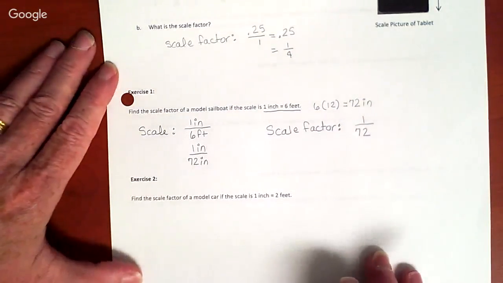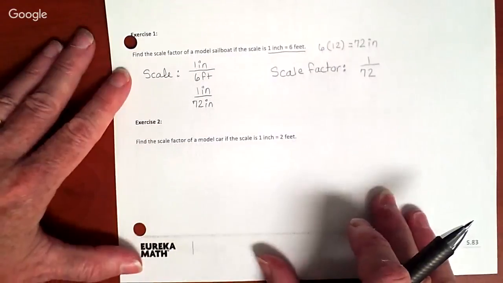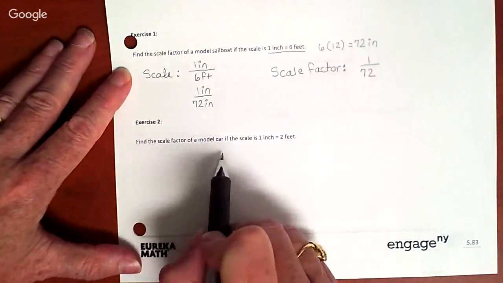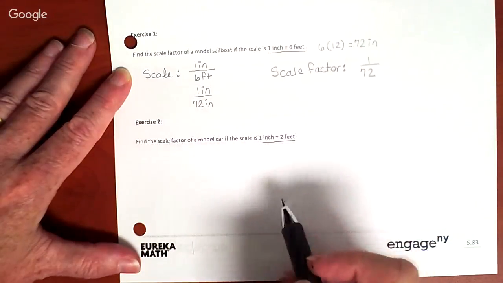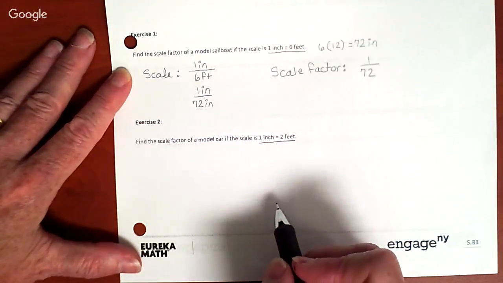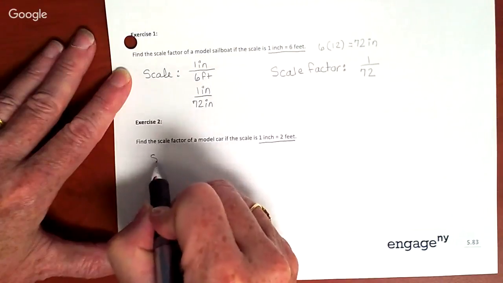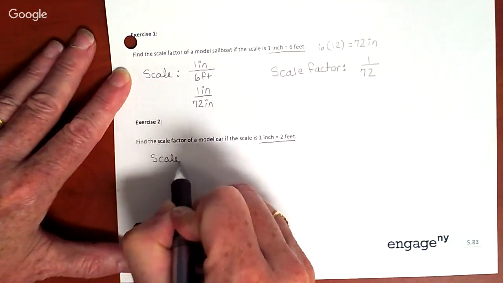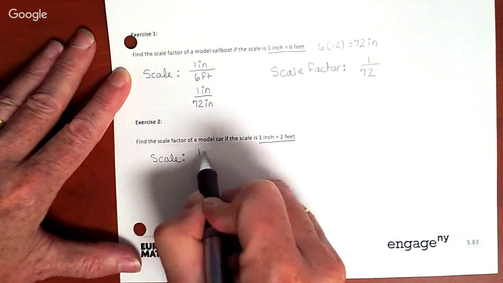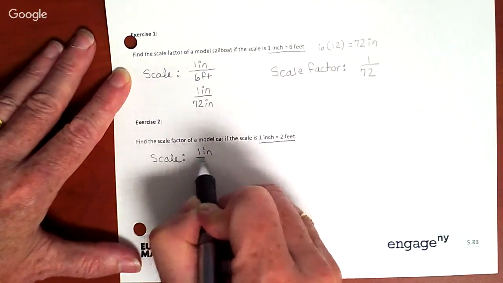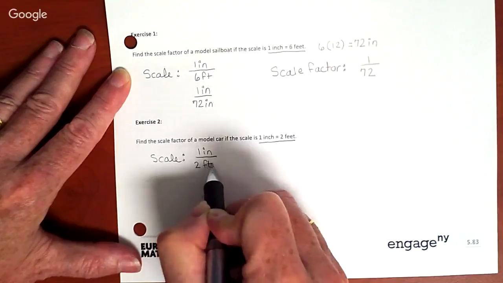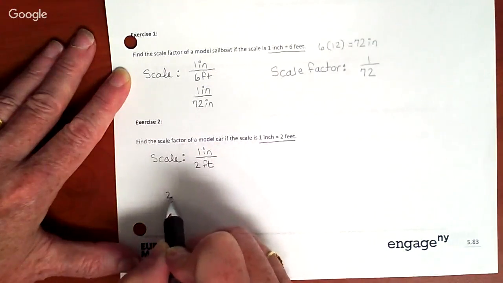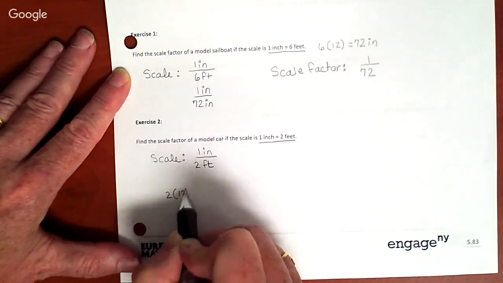Our next example, just find the scale factor of a model car if the scale is 1 inch equals 2 feet. Well, our scale is 1 inch over 2 feet. So we need to change the 2 to inches.